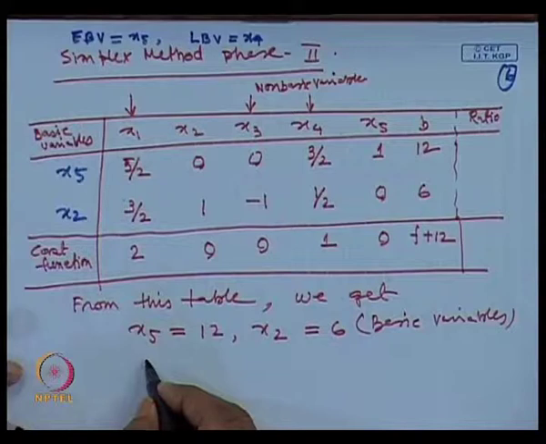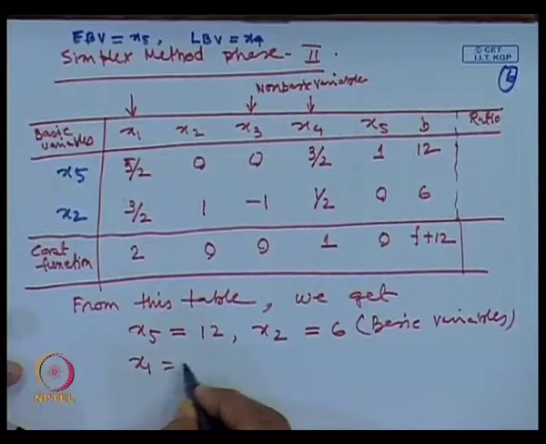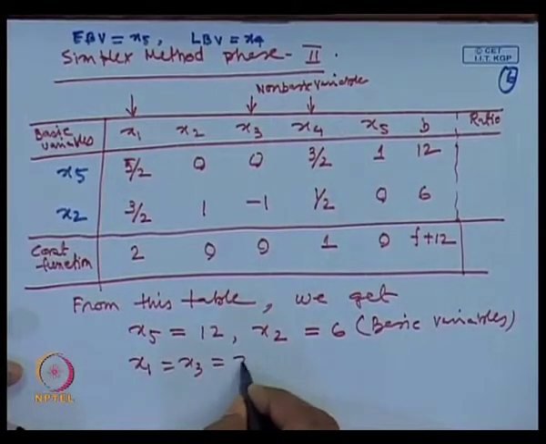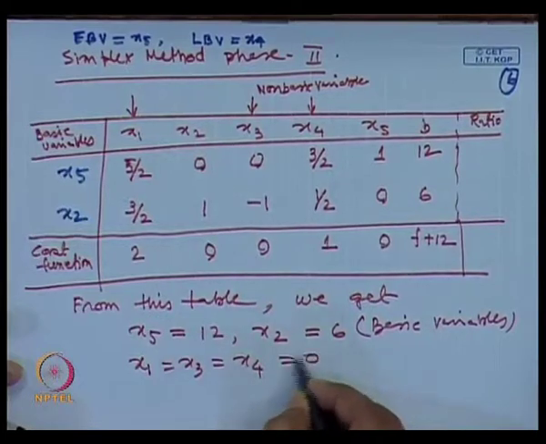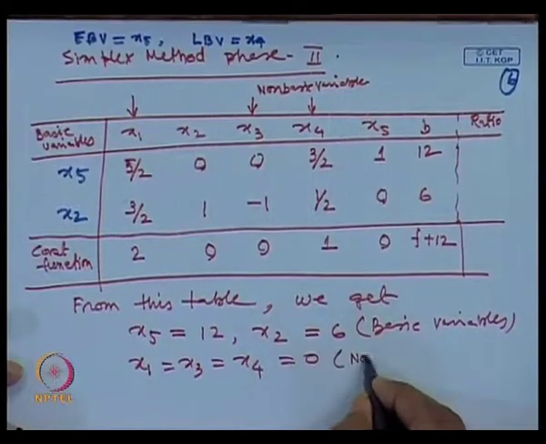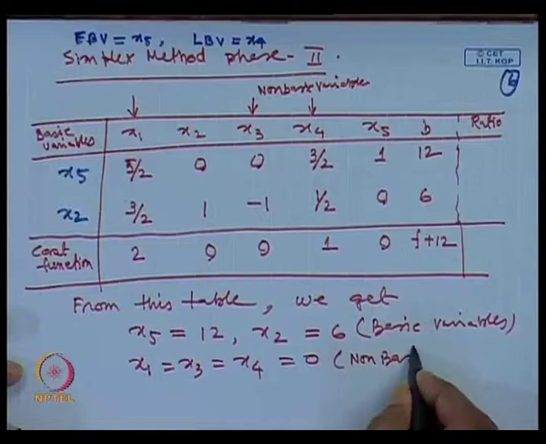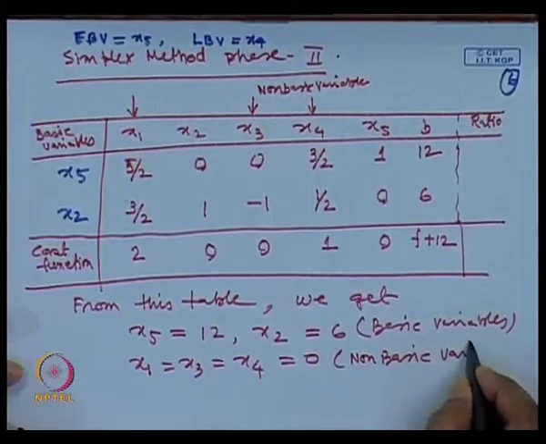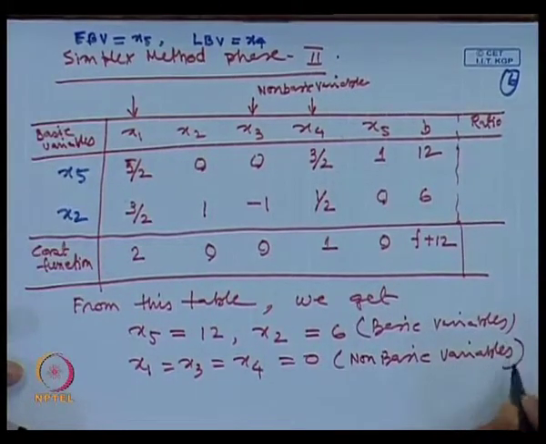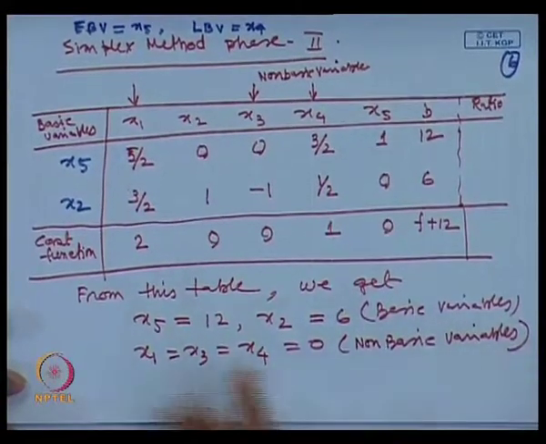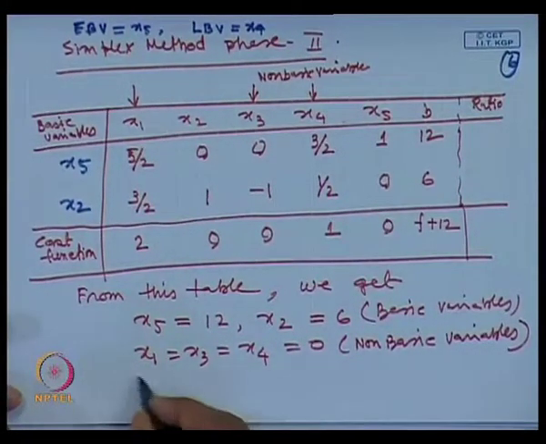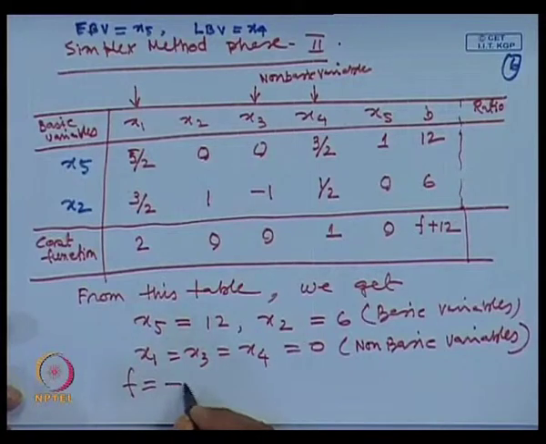And what are the non basic variables? x 1 is equal to x 3 is equal to x 4 is equal to 0, these are the non basic variables. Then what is our function value? Function value is minus 12.